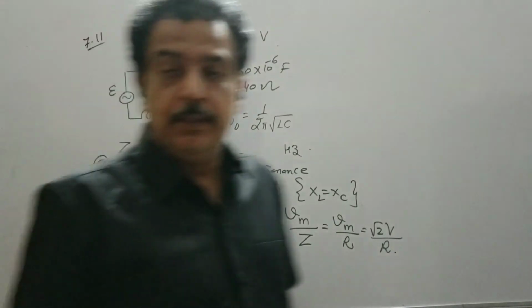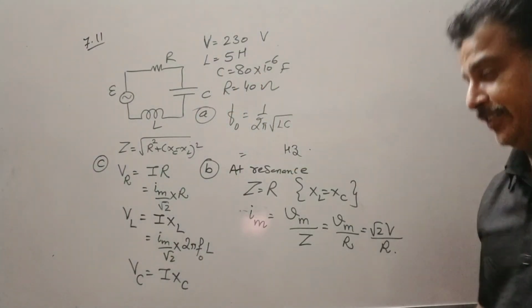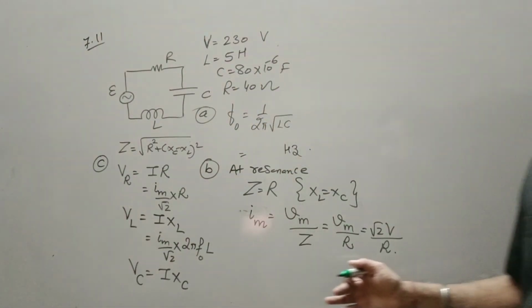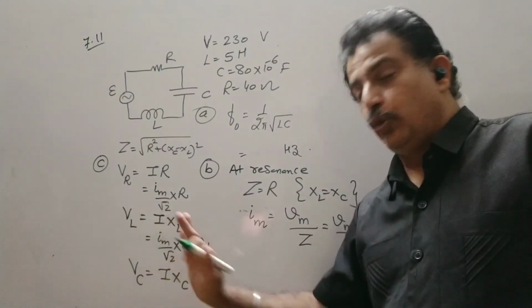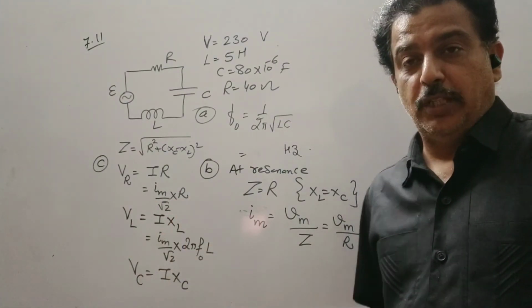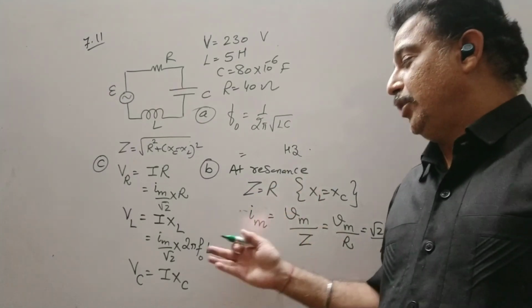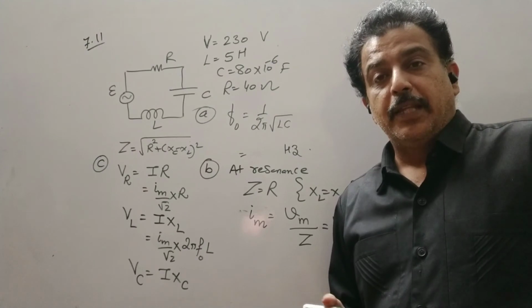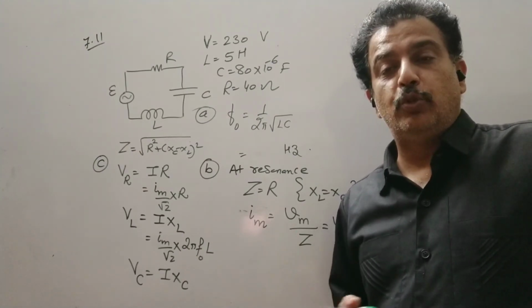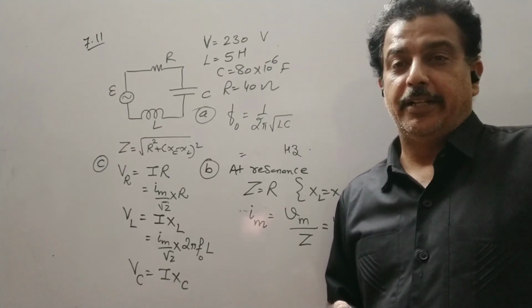Because the circuit is at resonance, it is clear that VL should be equal to VC. If you want to check this, you substitute all these values. Otherwise you remember that VL is equal to VC at resonance.